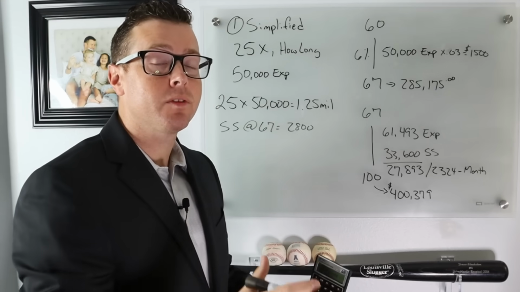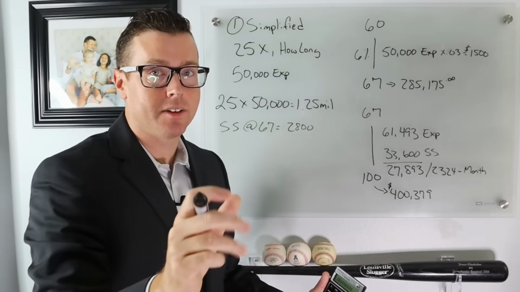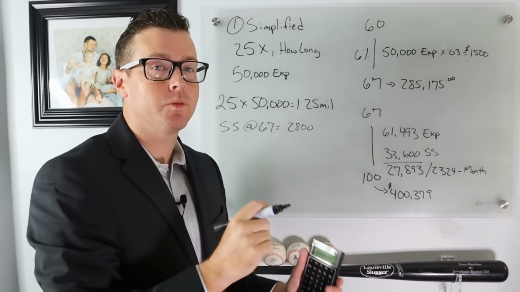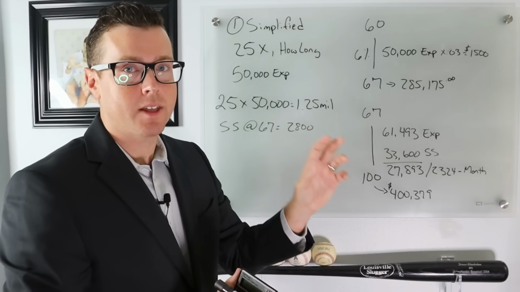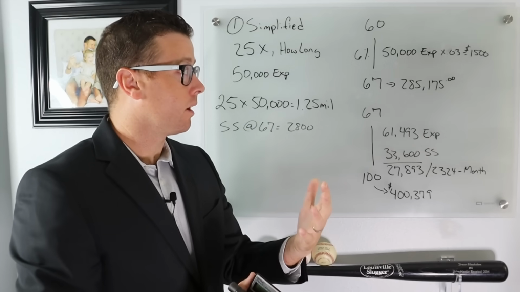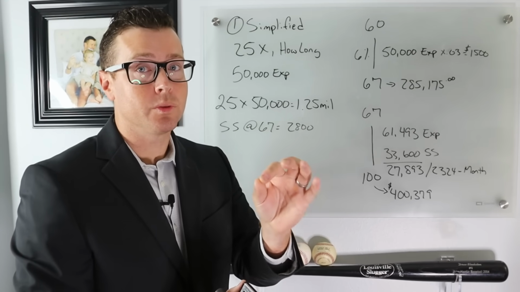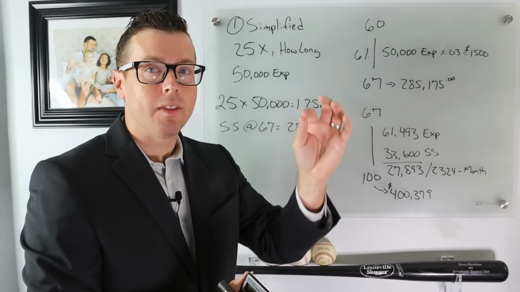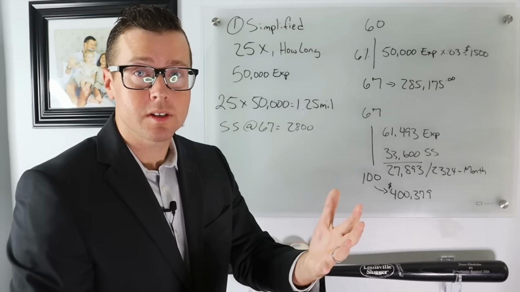Now, keep in mind, inflation is a compound number. So if you want to get even more detailed, again, this is a very simplified scenario, do this on a yearly basis. So take 50,000, multiply that by 0.03, then take that number, which would be 51,500, multiply that by 0.03. You can do this in Excel, and that'll give you inflation for those 7 years. But for this, we're going to make it very simplified.